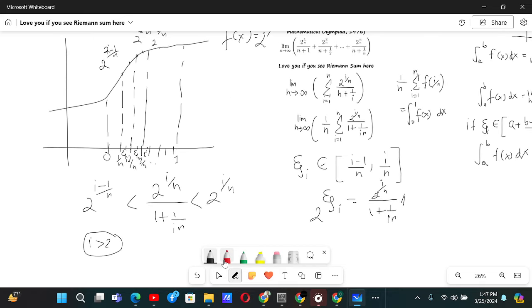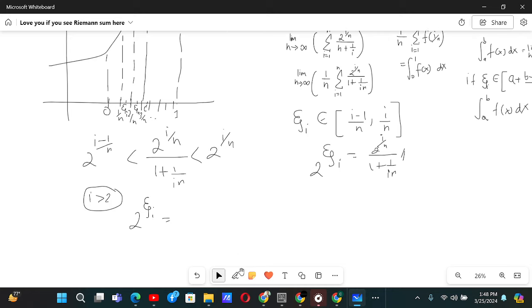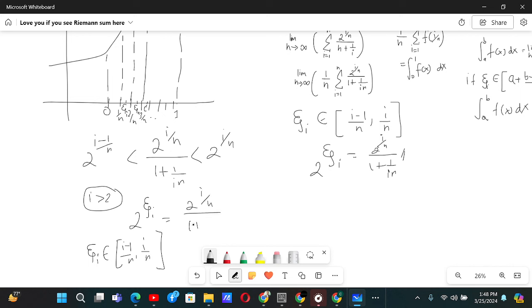So basically what I can now say is, there exists a chi of I such that chi of I lies between I minus 1 by n and I by n, and this equals 2 to the power I by n by 1 plus 1 by in. So if I prove this expression, that tells me that there will be a chi of I such that 2 to the power chi of I will be this value.